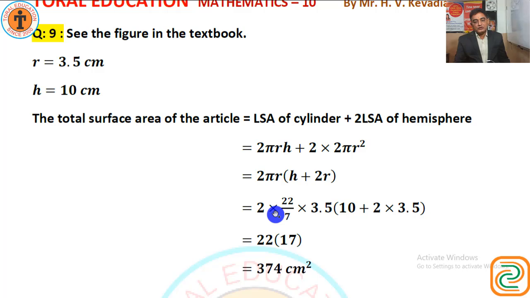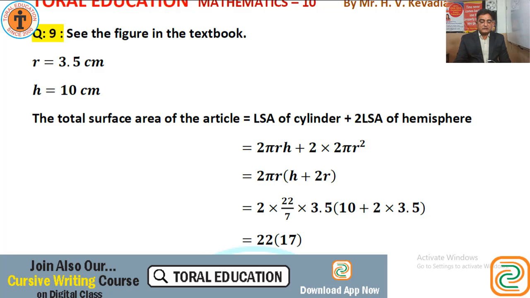Here put the value 2 into 22 by 7 into 3.5, which gives us 22, into (10 plus 2 into 3.5, that is 7 plus 10), 17. If we multiply both 22 and 17, we will get 374 centimeters square.